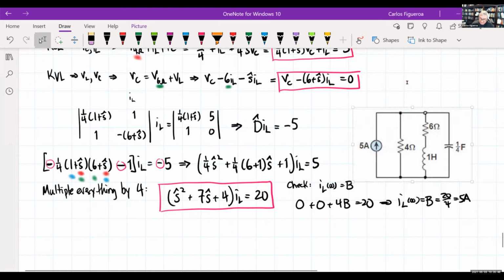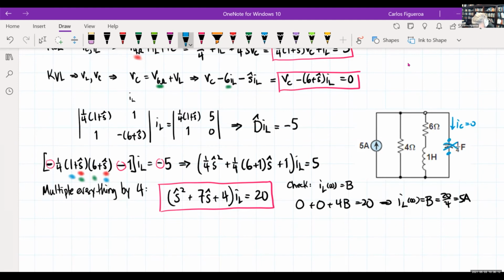So look what happens. Oh, let's see. So this guy becomes an open. If this guy becomes an open, we know that the current in this circuit here, IC, is going to be equal to 0 since this will be an open.